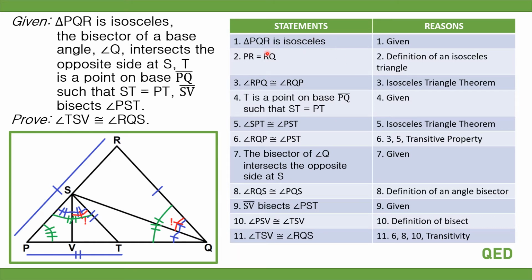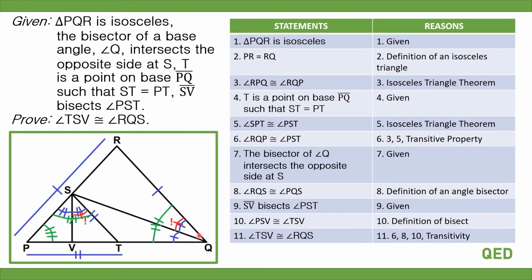Statement 1. Triangle PQR is isosceles, given. Of course, the consequence of that is PR is equal to RQ by the definition of an isosceles triangle. And by the isosceles triangle theorem, angle RPQ is congruent to angle RQP.